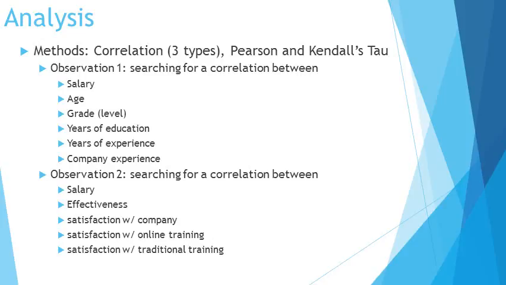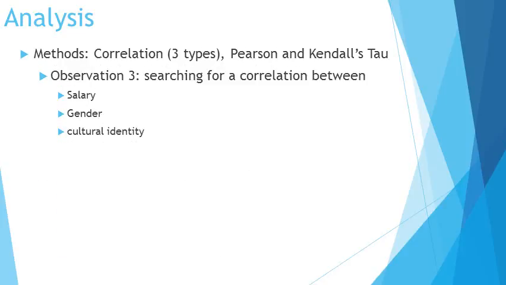And in observation 1, we're going to be looking for a correlation between salary, age, grade level, years of education, experience, company experience. And then for number 2, we're going to look for a correlation between salary and those 4 variables. And then after that, we're going to search for a correlation between salary, gender identity, and cultural identity.